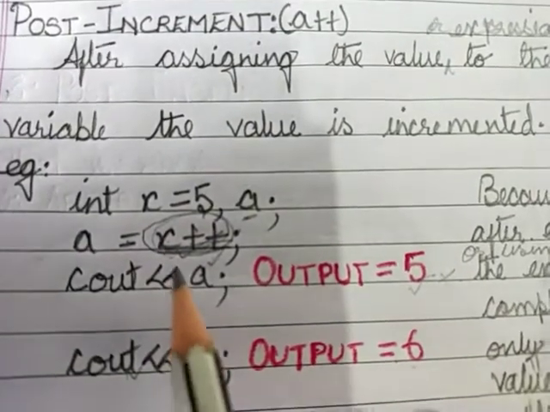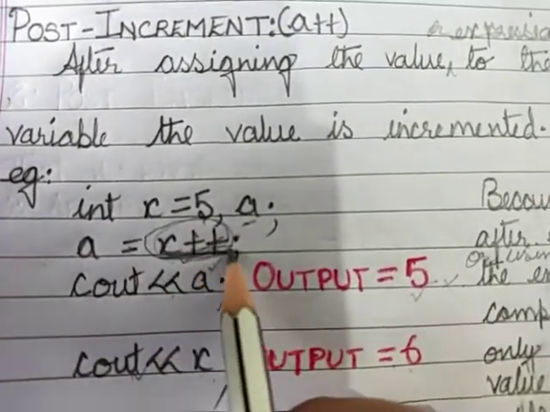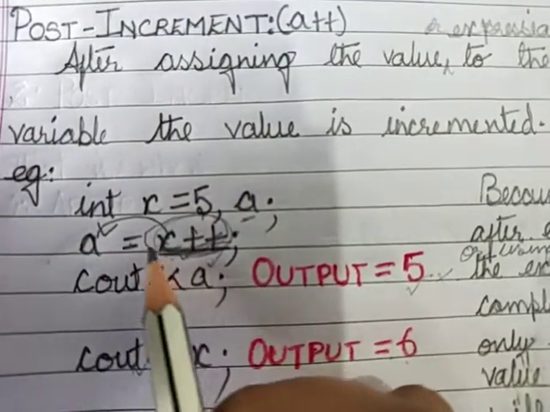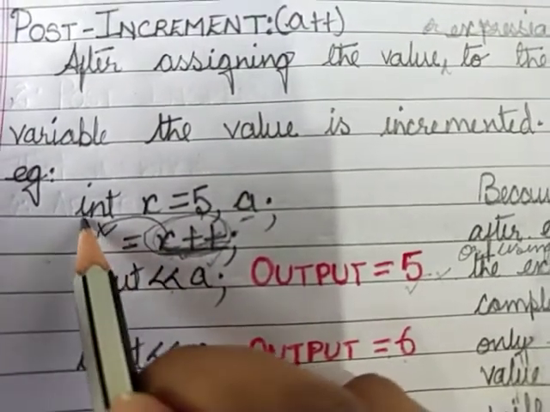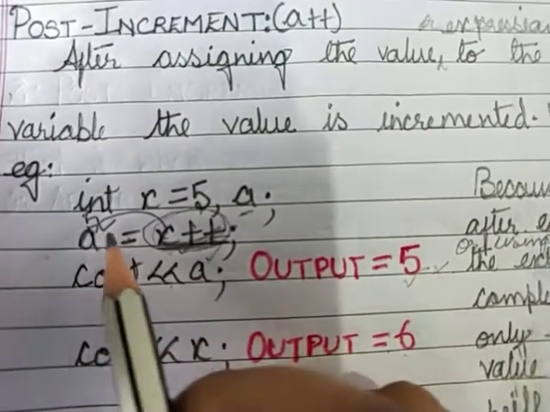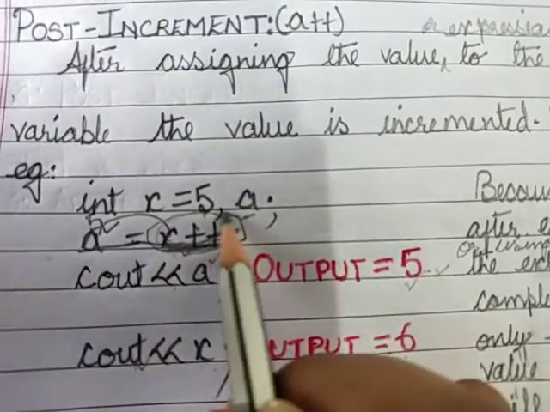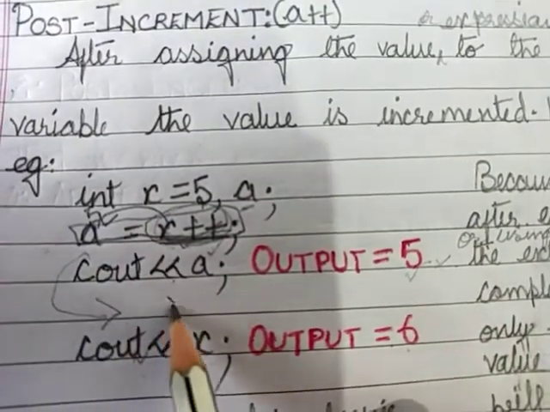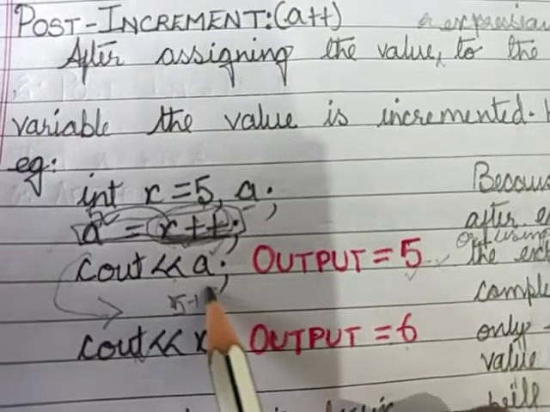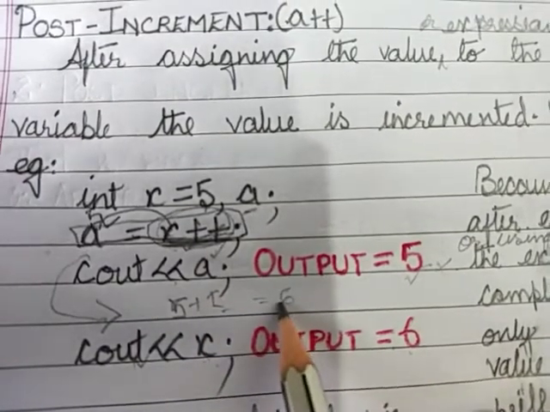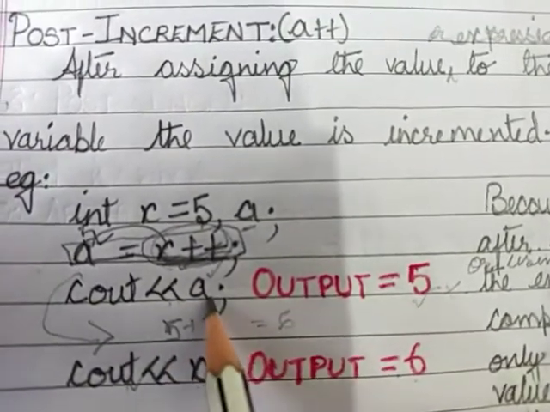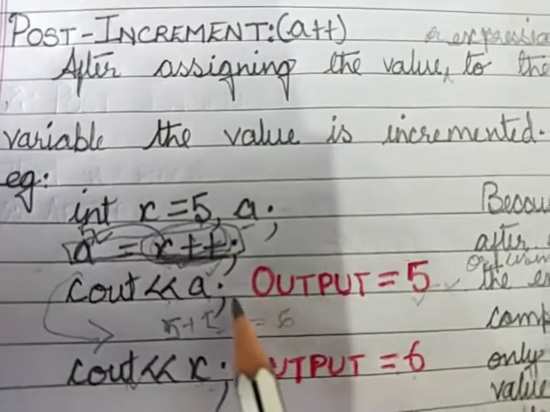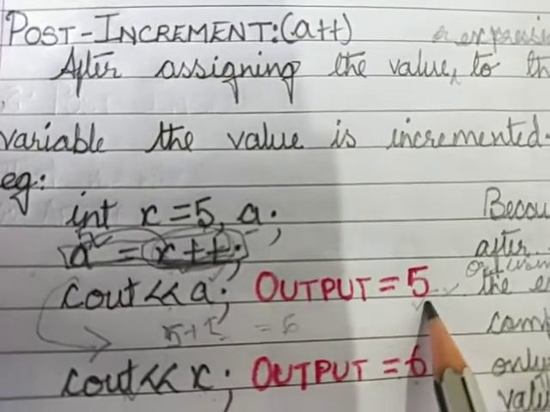Why so? Because this expression gets executed first. That is, x takes the old value 5. Then after this expression is executed, only then does the value of x get increased from 5 by 1, and it will be 6. Therefore, when you print out the value of a, because the expression has not completely executed, the output will be 5.